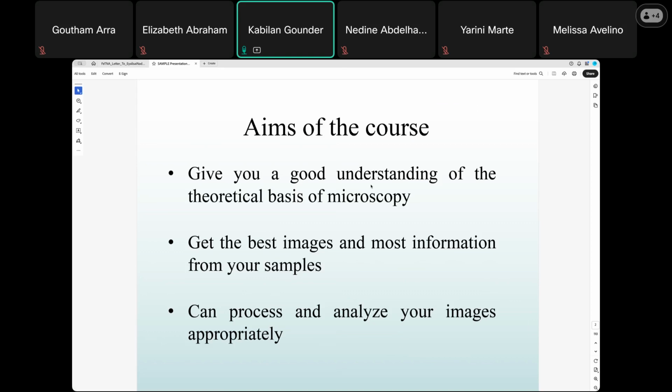We will discuss all of these with each and every microscope. The first aim of the course is to give you a good understanding of the theoretical basis of microscopy.